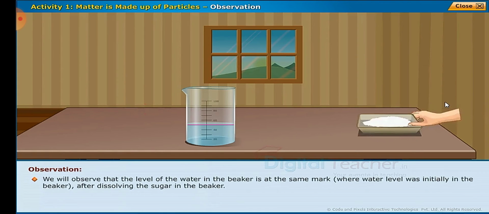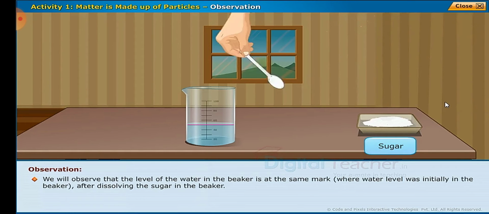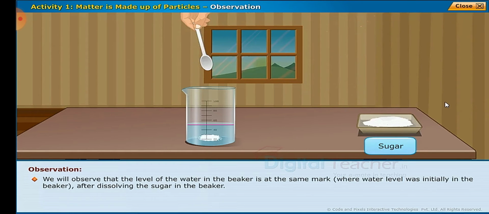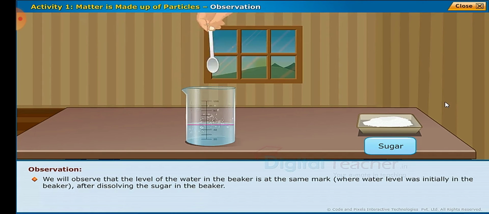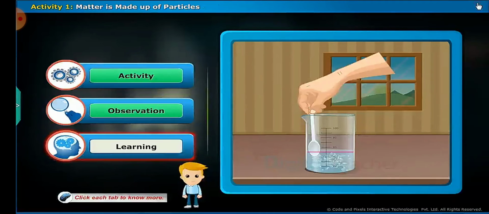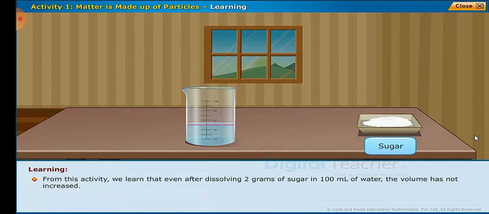We will observe that the level of the water in the beaker is at the same mark, where the water level was initially in the beaker, after dissolving the sugar. From this activity, we learned that even after dissolving 2 grams of sugar in 100 ml of water, the volume has not increased.